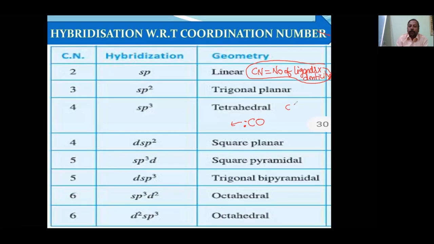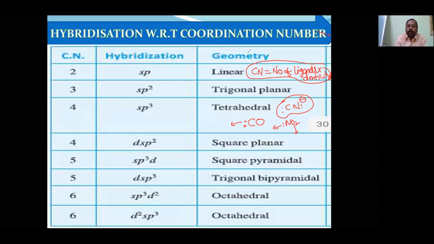Same if you take CN minus, nitrogen can also donate, carbon can also donate, but at a time it will donate through only either carbon or nitrogen. Such substances which have two donor sites but only one donates at a time are called ambidentate ligands. Like NO2, in NO2 nitrogen can donate and one of the oxygens can also donate, but at a time only one will donate. So that is denticity.